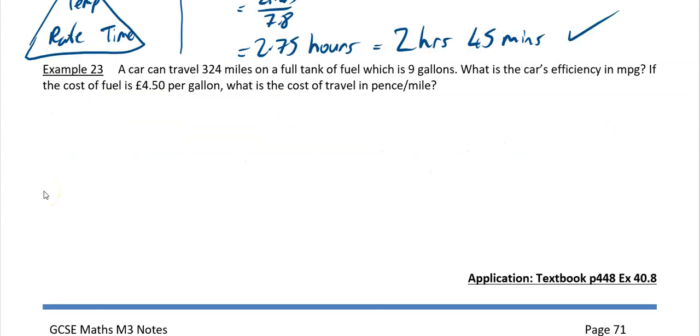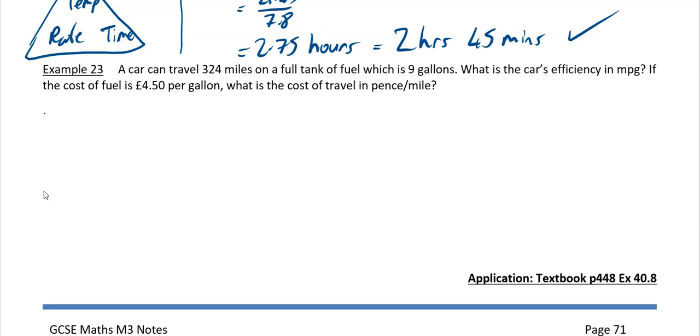Okay, this is a very tricky example to finish off. It says a car can travel 324 miles on a full tank of fuel, which is 9 gallons. What is the car's efficiency in miles per gallon? If the cost of fuel is £4.50 per gallon, what is the cost of travel in pence per mile? So we have a heck of a lot to do in this one.